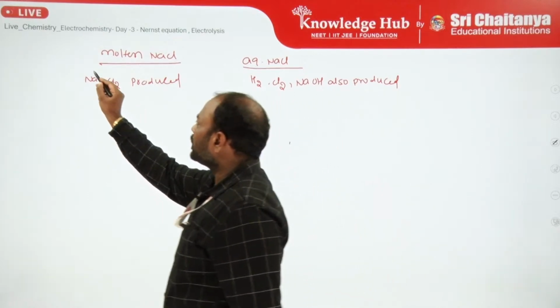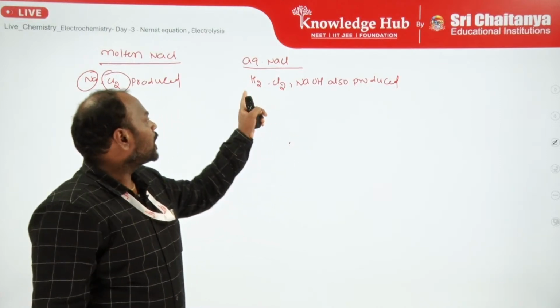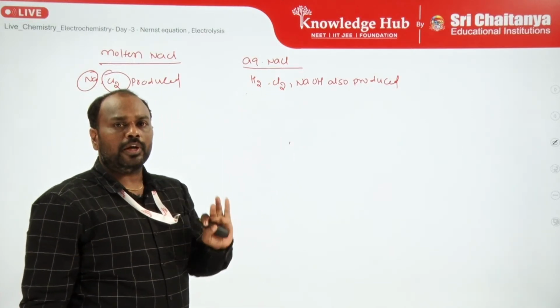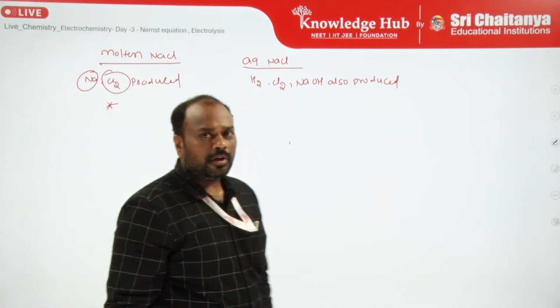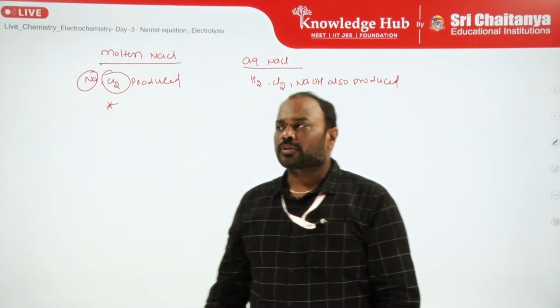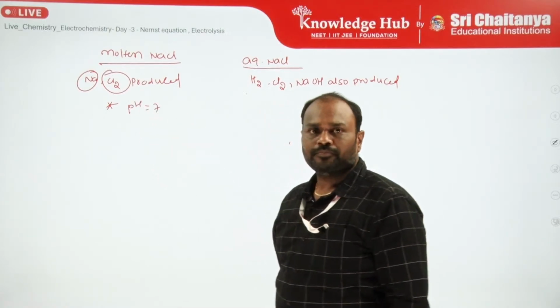Here only sodium and chlorine are produced, but here H₂, Cl₂ and NaOH. By electrolysis of molten NaCl, there is no change in pH; pH is equal to 7 only.